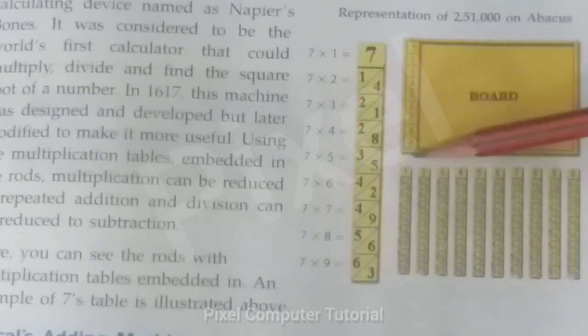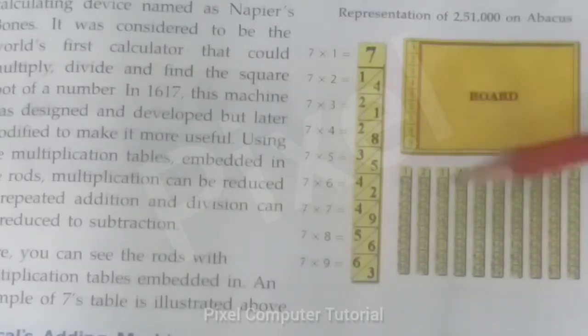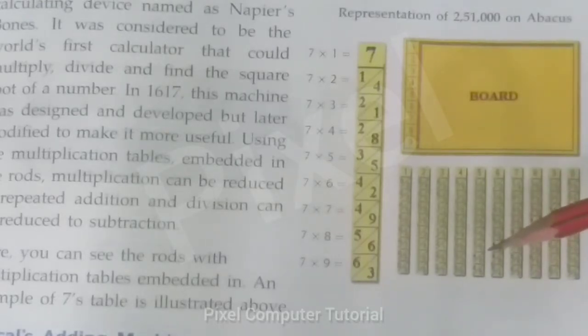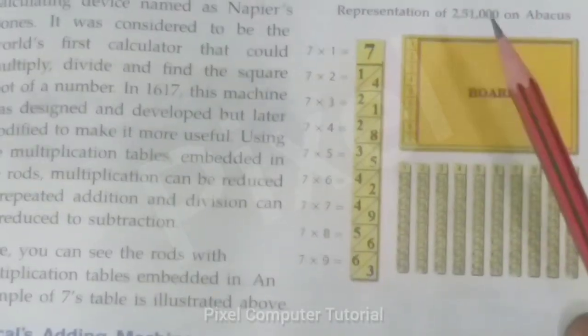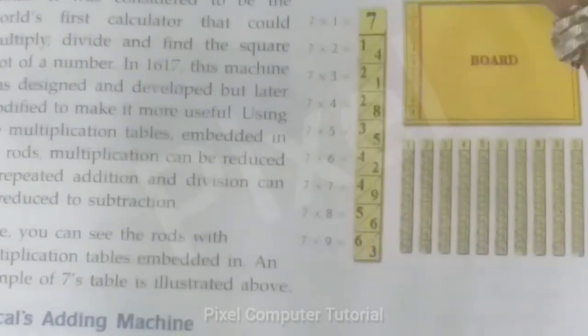You can do these calculations of multiplication and division, and they were even able to find the square root of numbers using Napier's bones.